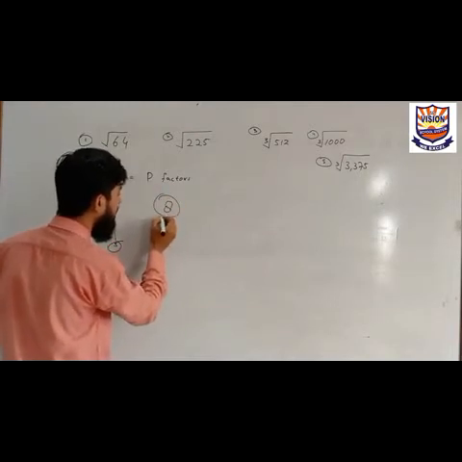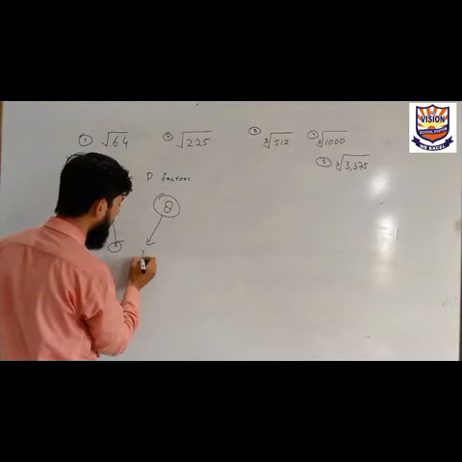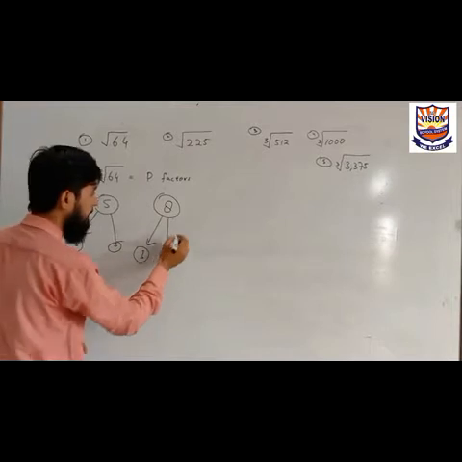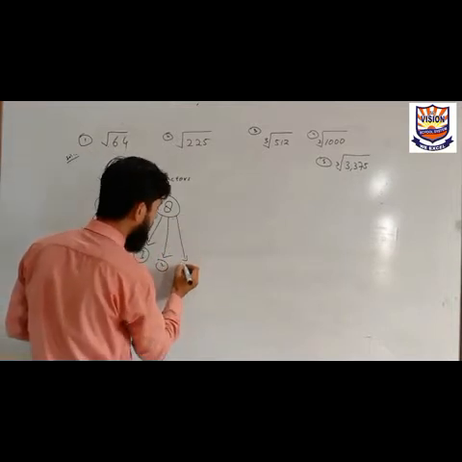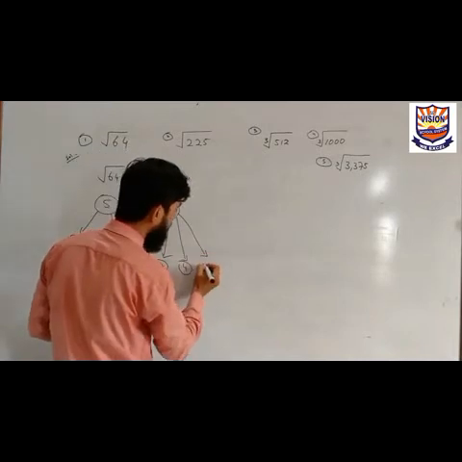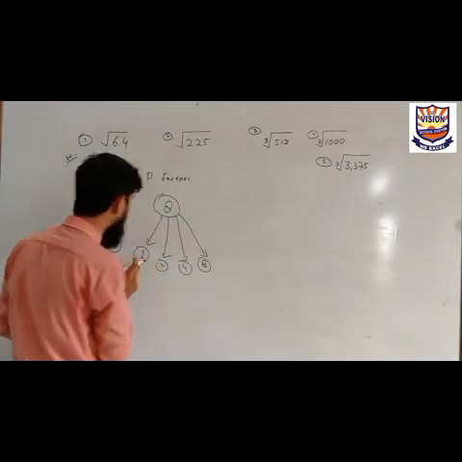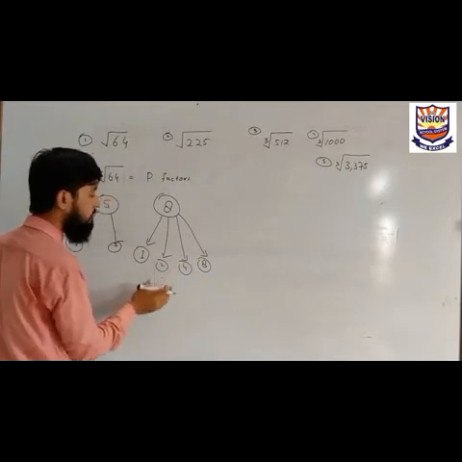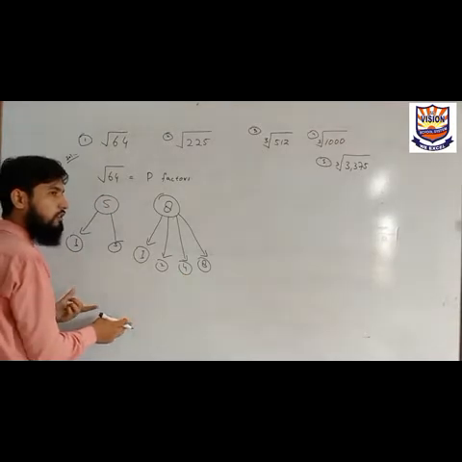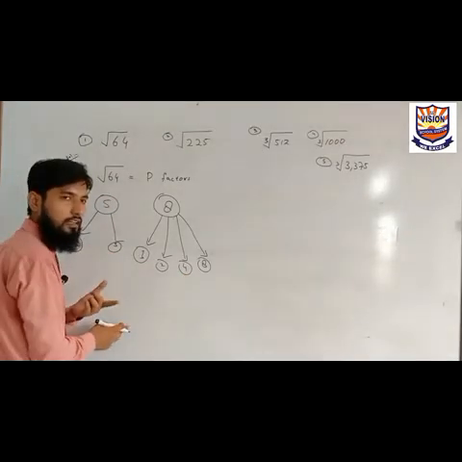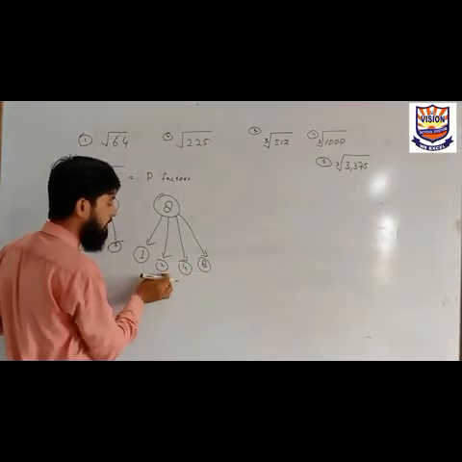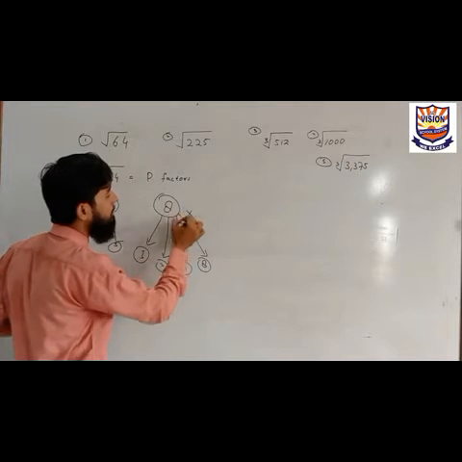No, 8 is not a prime number because it is divisible by 1, it is divisible by 2 also, 2 fours are 8, and it is also divisible by 4, 4 twos are 8, and it is also divisible by itself. So apart from 1 and 8, 8 is also divisible by 2 and 4. So it is not a prime number.